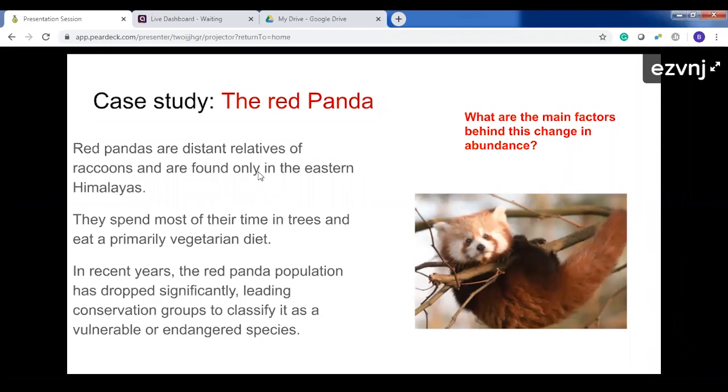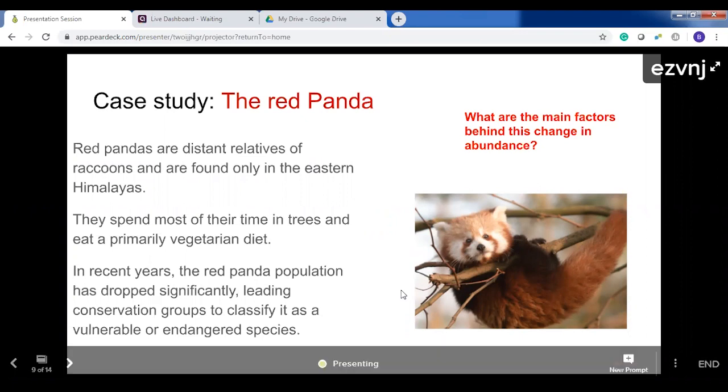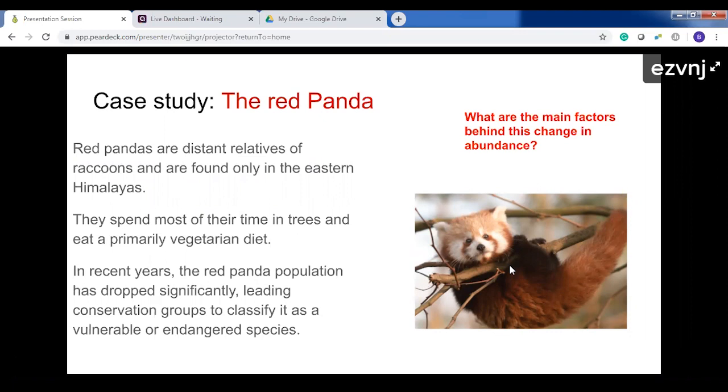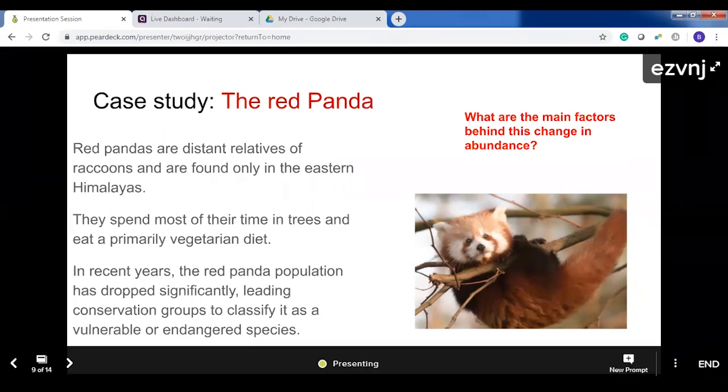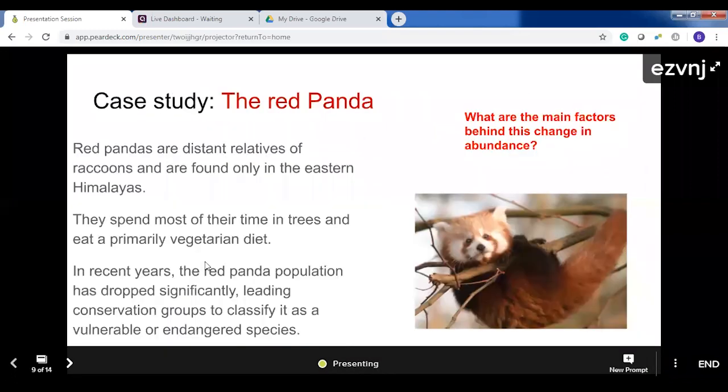Two factors affect this red panda mostly, which is studied by the ecologists. One of them was the pollution of the environment, and the second one, because they spend most of their time in trees, was cutting the trees, so logging was the second main factor that endangered this species. Okay. Maybe they want red pandas for experiments.